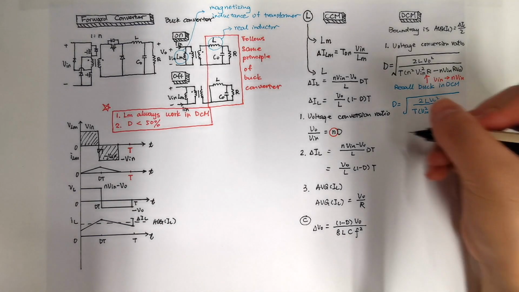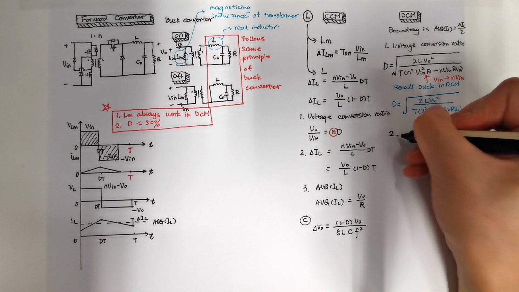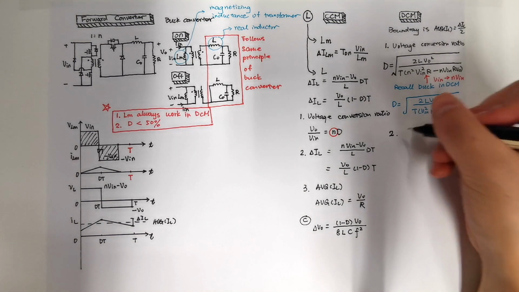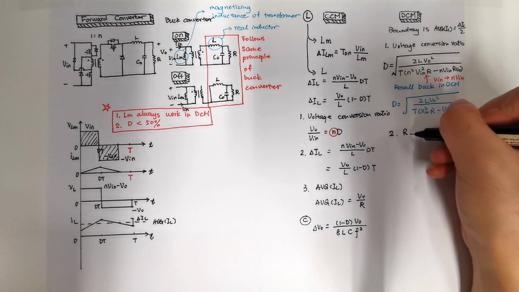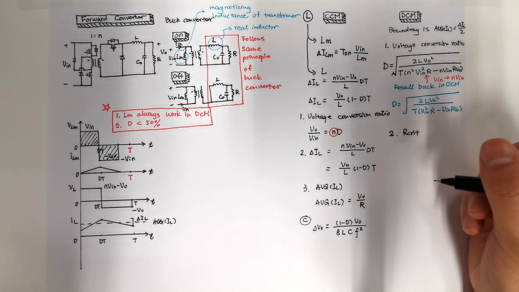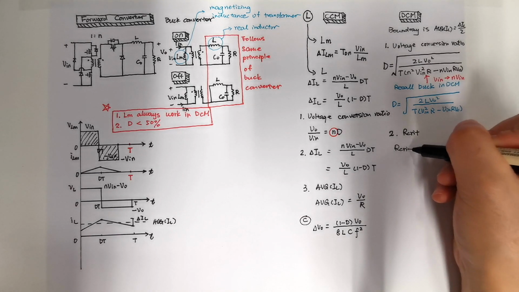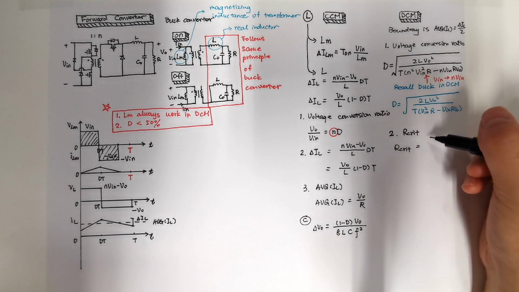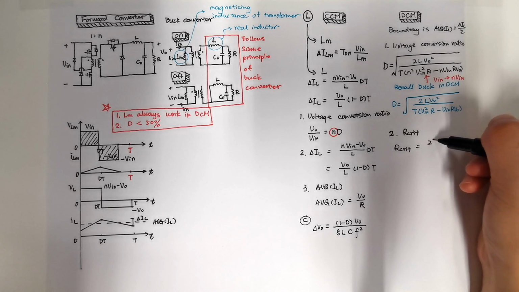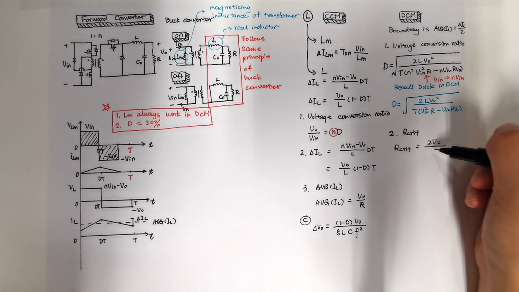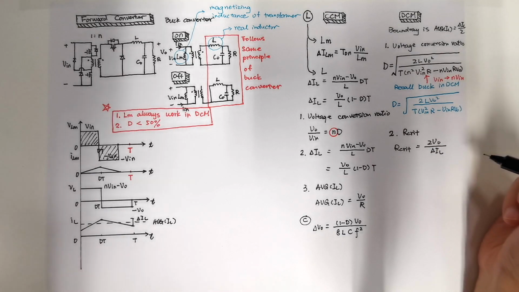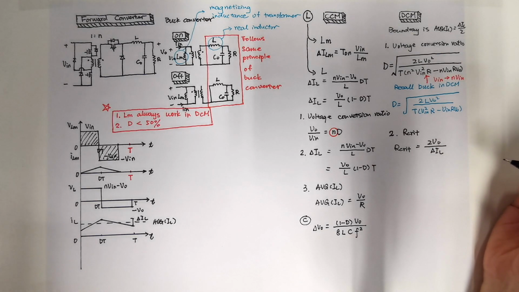The second thing we want to know is the critical resistance. The critical resistance is exactly the same as the buck converter. We use 2Vout divided by delta IL to calculate the critical resistance.